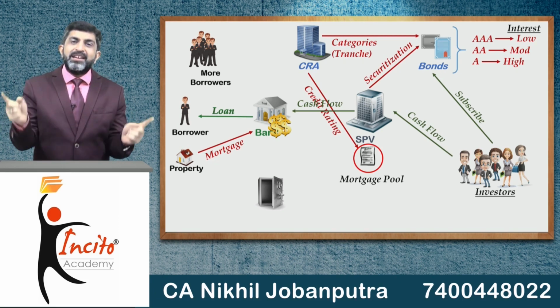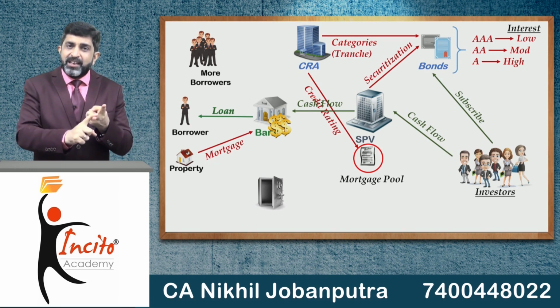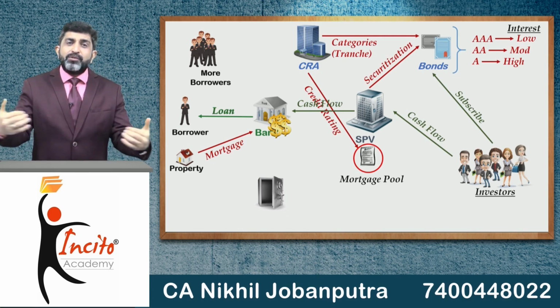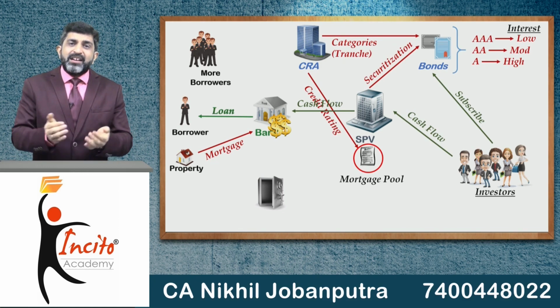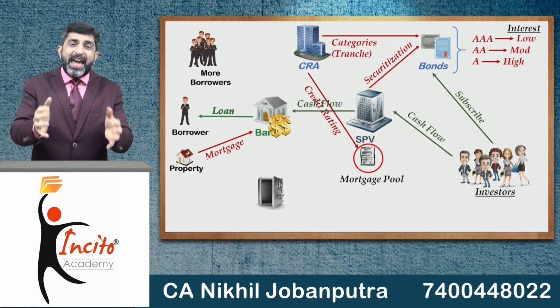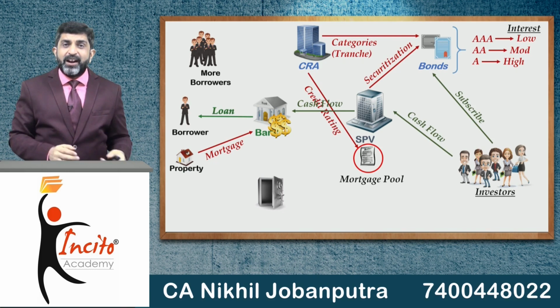But there were three intermediaries involved: the originator, the bank itself; secondly, the SPE; and thirdly, it was the credit rating agency. And each of these intermediaries are taking their own charges, fees, commission, differential interest as their own income for their own benefits. So friends, I believe you have clearly understood this whole process of securitization.